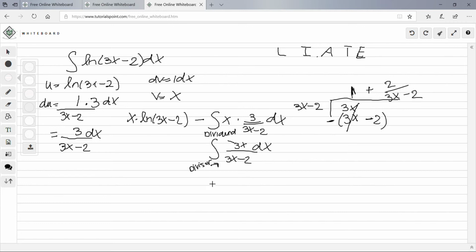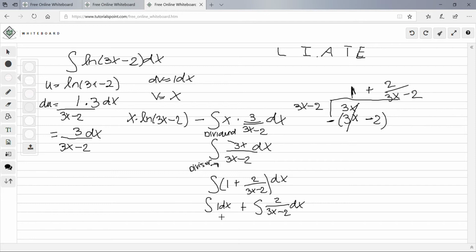So this thing will be simplified as 1 plus 2 over 3x minus 2. Notice I put parentheses, so that means we're going to do it individually. So what is the integral of 1 dx plus the integral of 2 over 3x minus 2 dx?